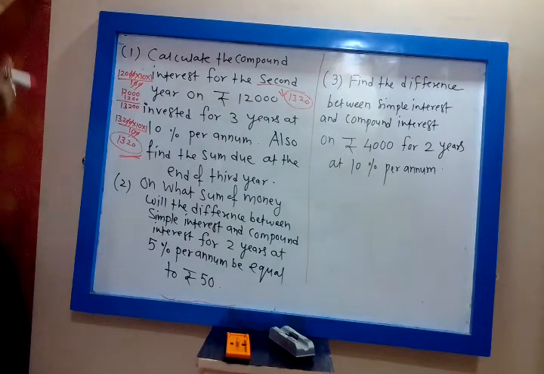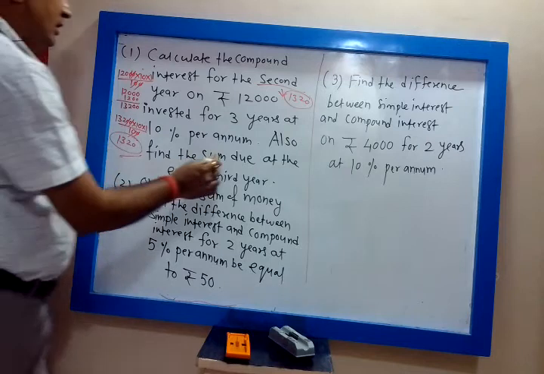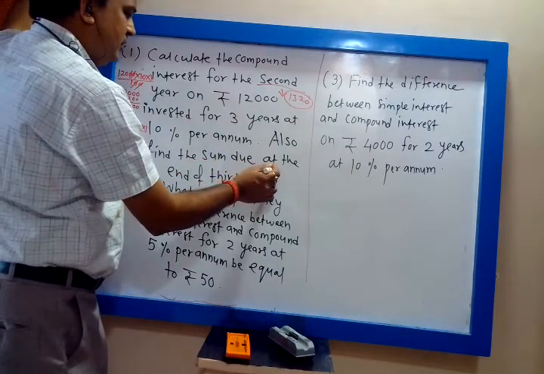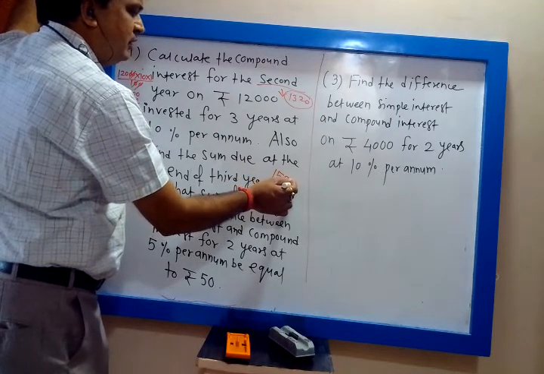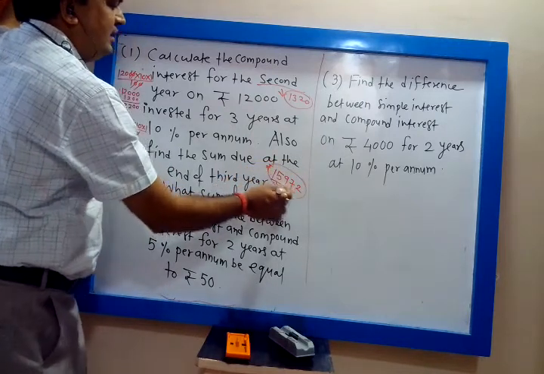Find the amount due at the end of third year. So again, 15,972. All of you got this answer?